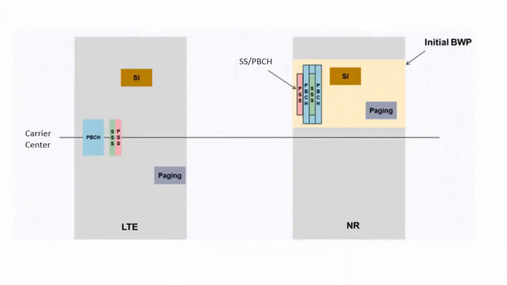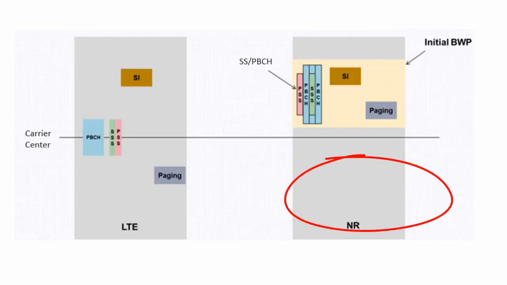Here you can see the position of PSS and SSS in LTE and 5G NR in the carrier. The position of SSB is not fixed in 5G NR. You can see that it is not at the central frequency. Maybe SSB can be placed here, maybe below. So the position is not fixed for the SSB.